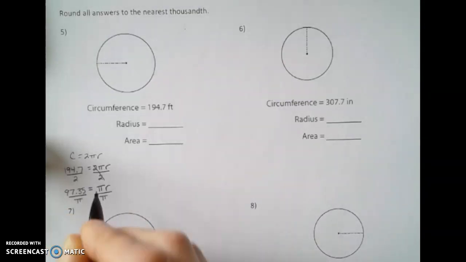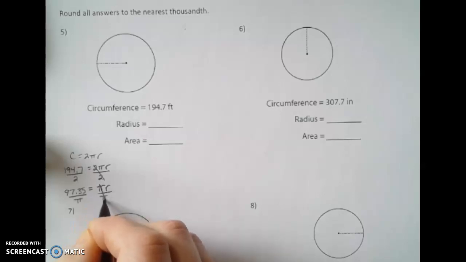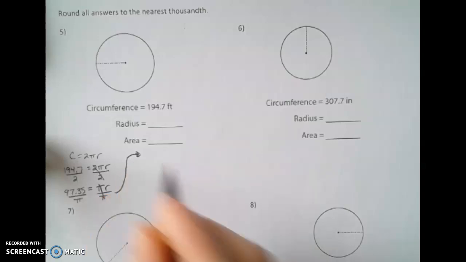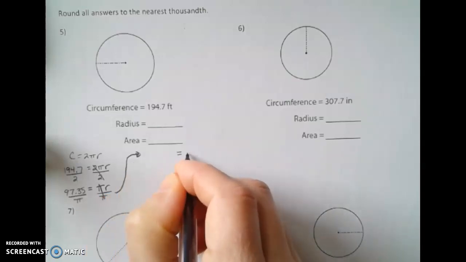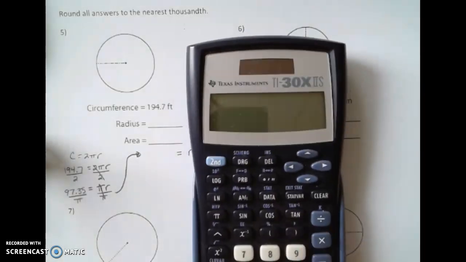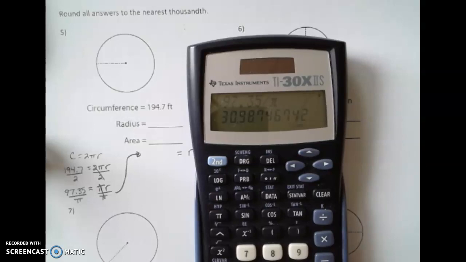On the right, pi divided by pi simplifies to a 1. I'm just going to write this over here where I've got more space. So on the right-hand side, I have r. And now I'm going to use my calculator, and I'm going to punch in 97 and 35/100 divided by pi. And I'm going to write out all of those decimals.